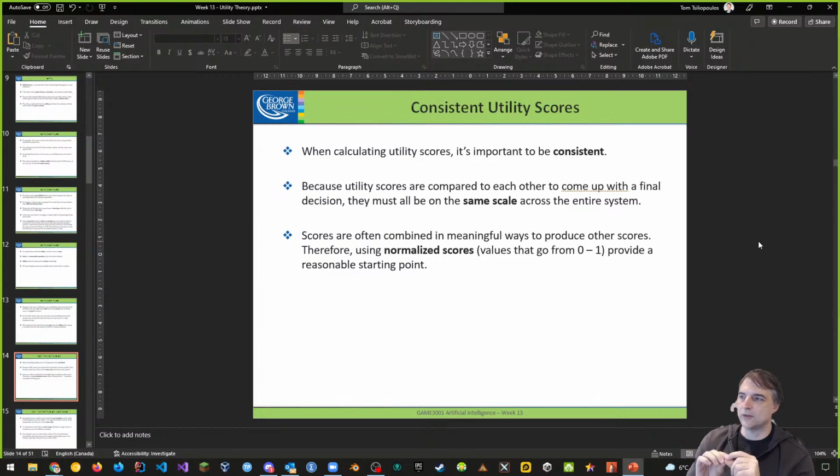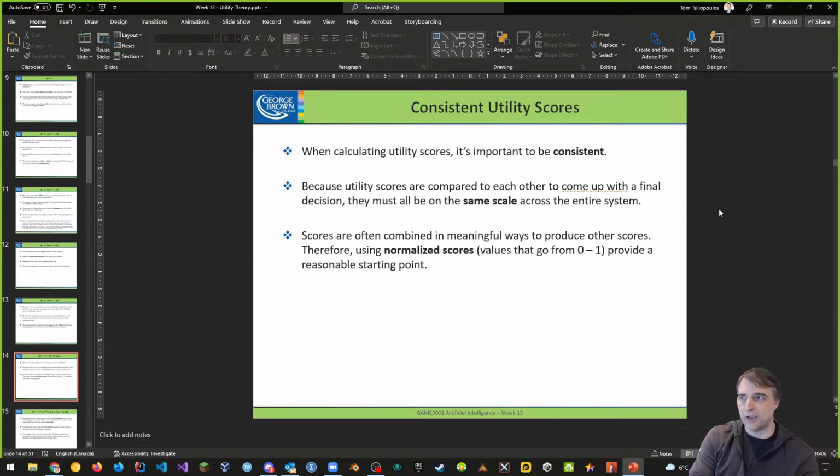We want to think about, if I was going to put the utility score on this, we want to map it to the same scale, even though the money might be different. We want to map it to the same scale so we can start making a comparison, apples to apples, as opposed to apples to oranges. You can't compare things that are on different scales, right? It's very difficult.